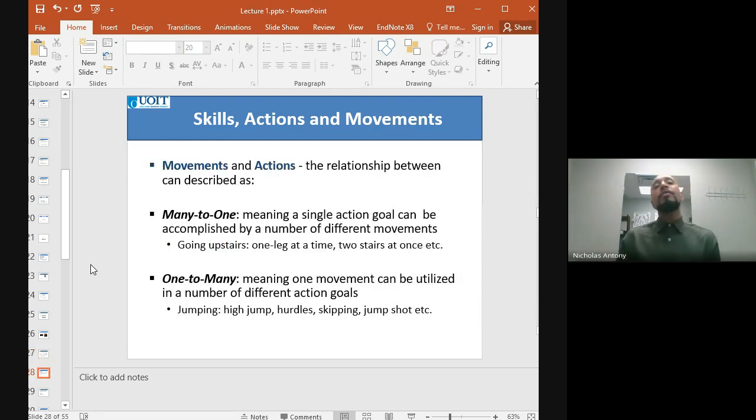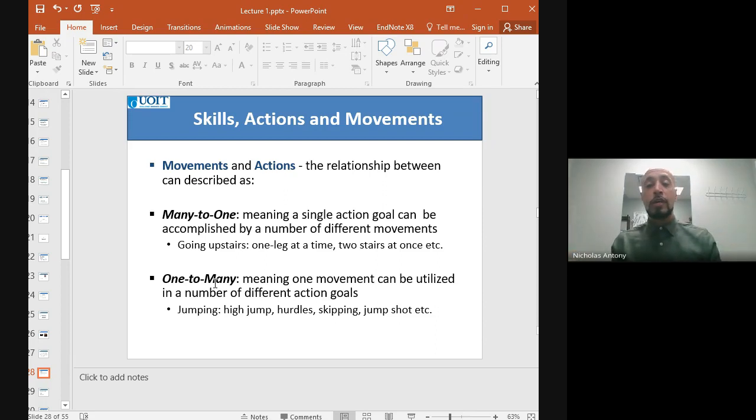But in that relation, the relationship between movements and actions can be described as many to one or one to many. Now, many to one means that the single goal of a motor skill can be achieved in a multitude of different ways or involve many different movements. Or the same movement can be used in a wide variety of different types of motor skills.